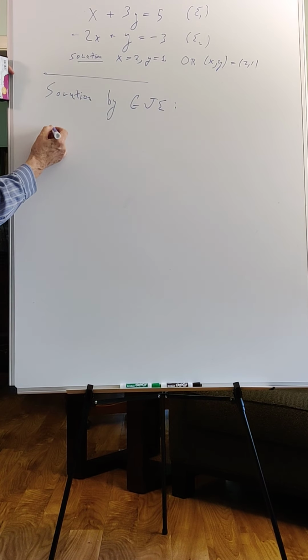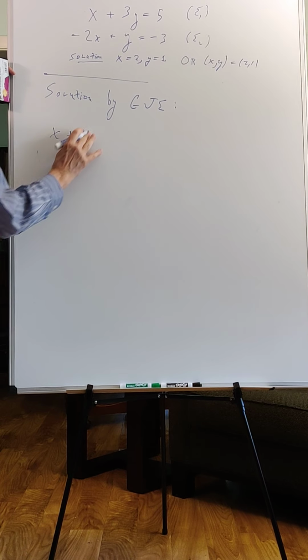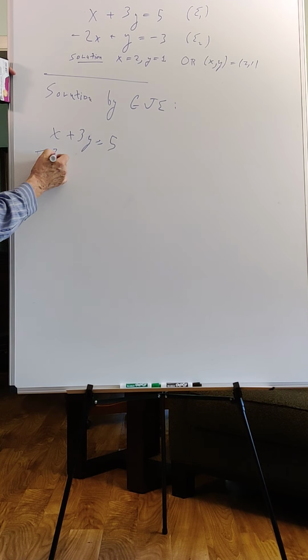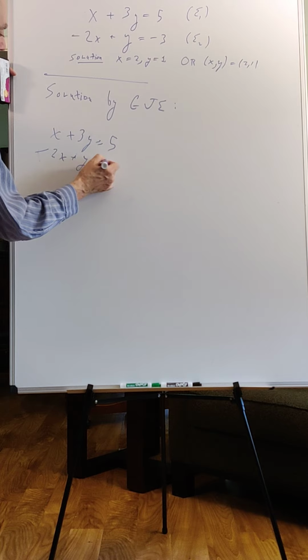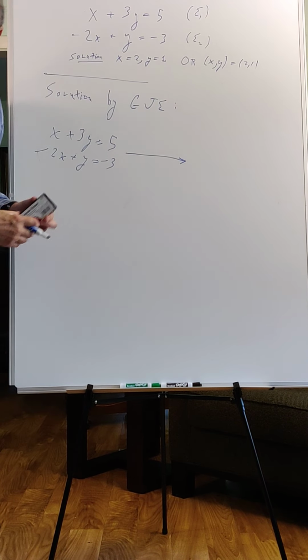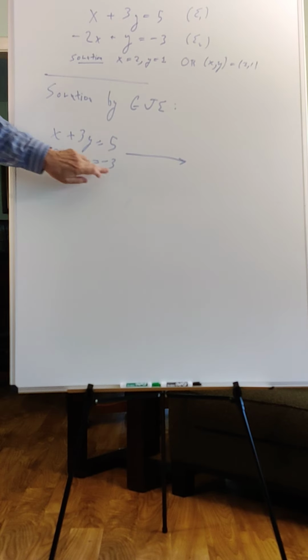All right, I'm going to write the system again. Now, what I want to do is perform that step that I just described to you in such a way that we get rid of this term and we just have y equals something.